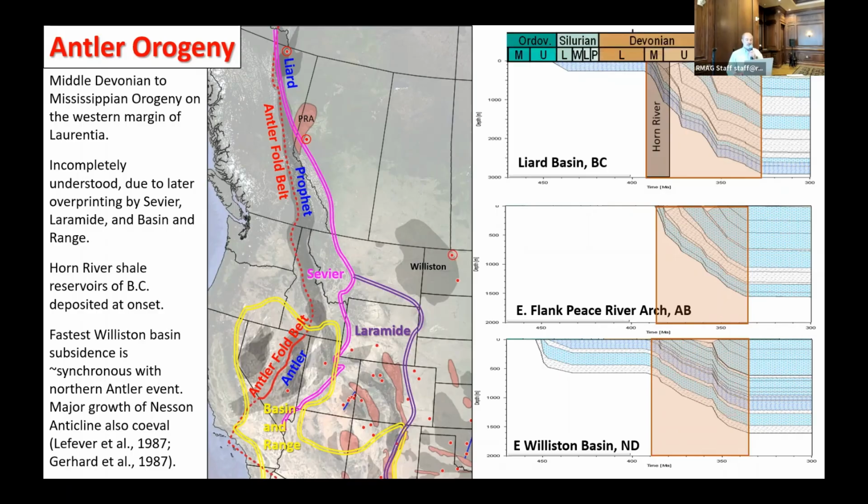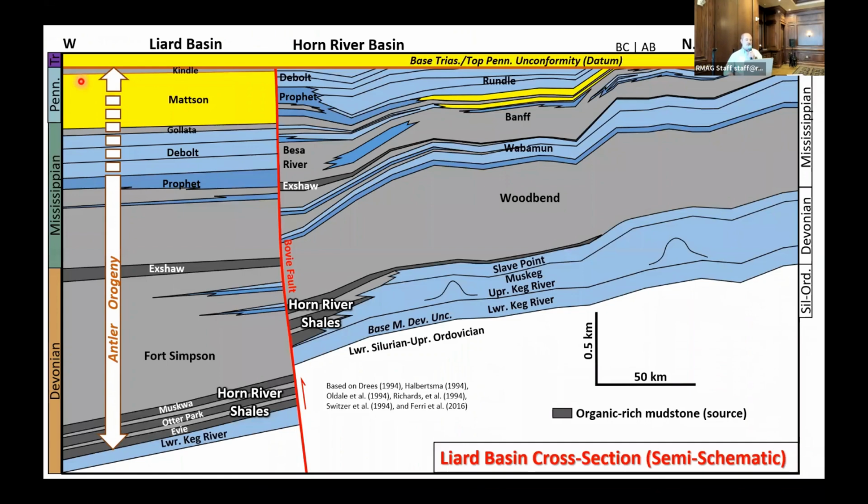And lastly, the Horn River shales, which you may have heard of, the very large shale gas resource in British Columbia and Northwest Territories, is deposited at the onset of this subsidence. And so this barely gets into the preserved foreland because the rest has been eaten away by the Sevier.